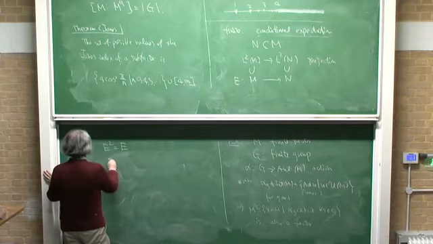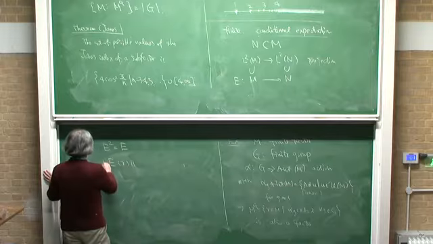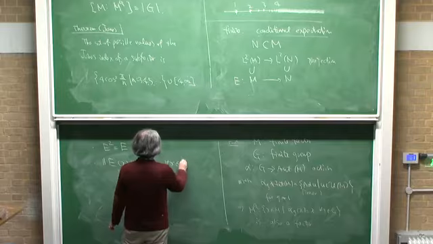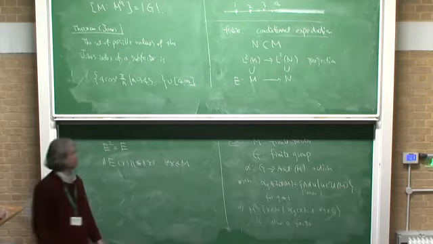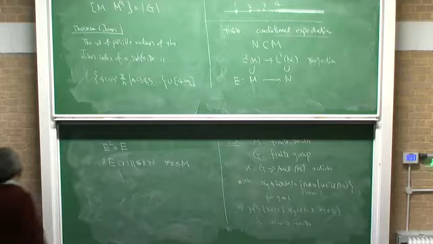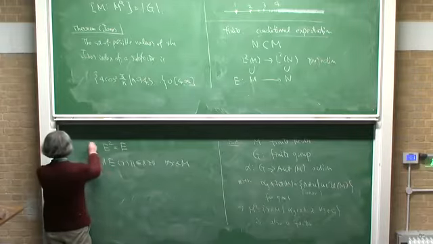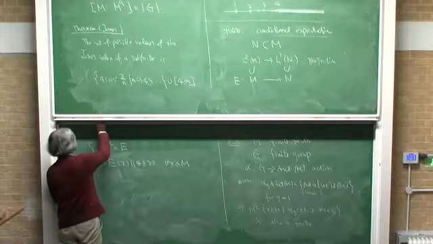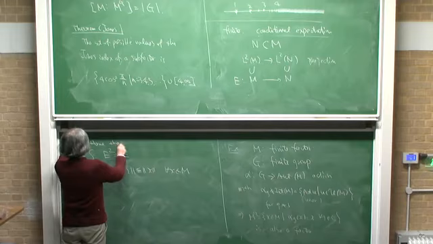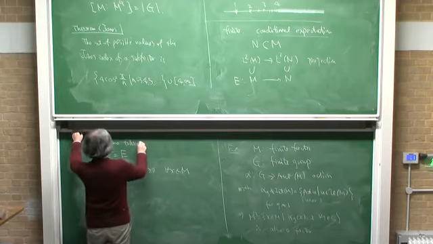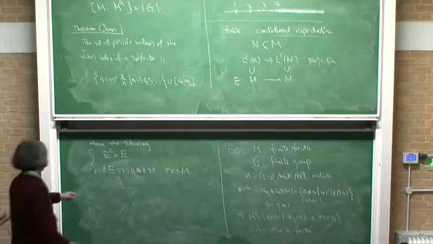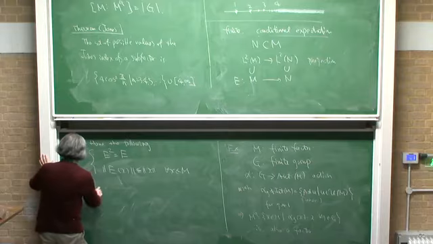And also, this E is a norm decreasing map from M to N. In general, such a map is called a conditional expectation.